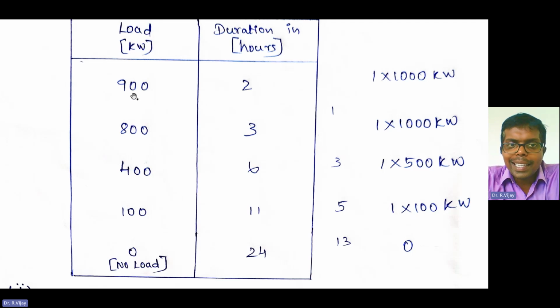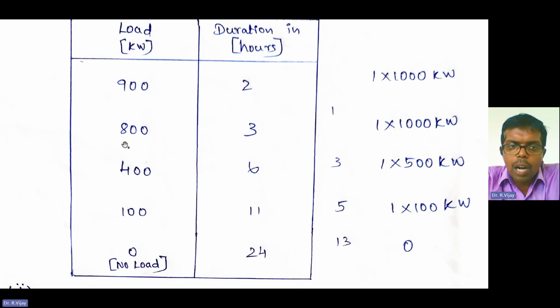So for generating this 900 kilowatt, you need 1 into 1000 kilowatt generator. And for generating 800 kilowatt also, you need 1 into 1000 kilowatt generator. For generating 400 kilowatt, you need 1 into 500 kilowatt generator. For generating 100 kilowatt, you need 1 into 100 kilowatt generator, because that is the minimum size of the generator available.